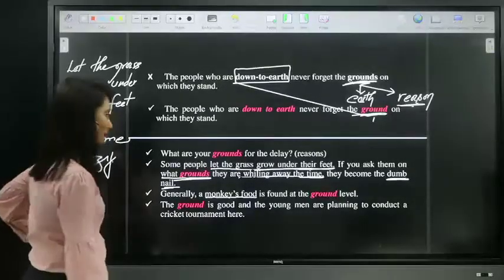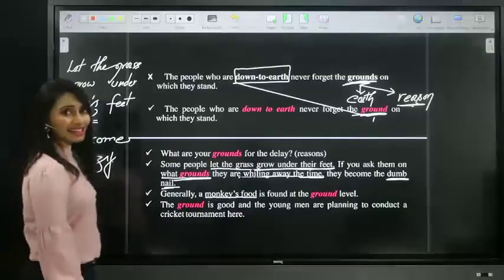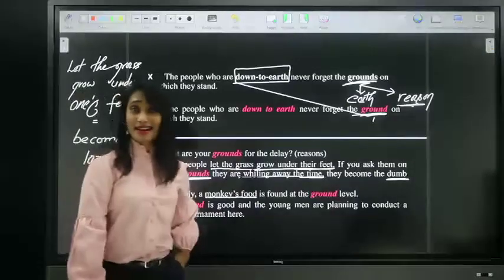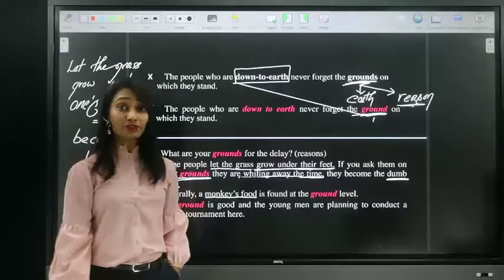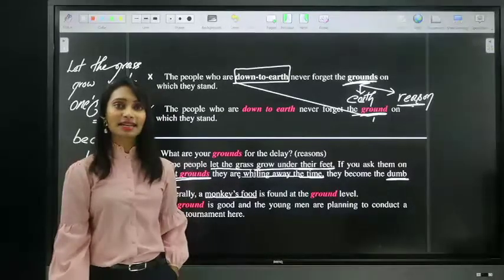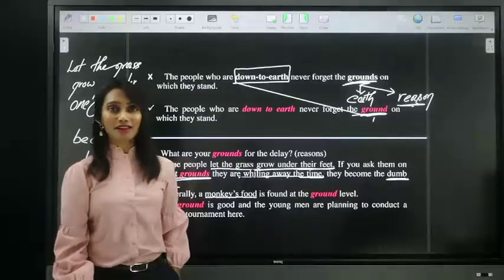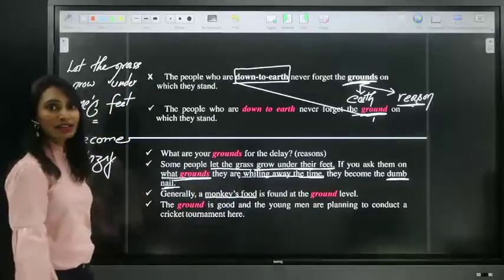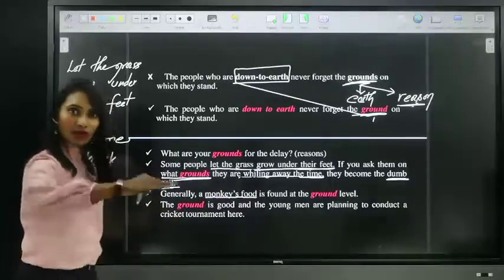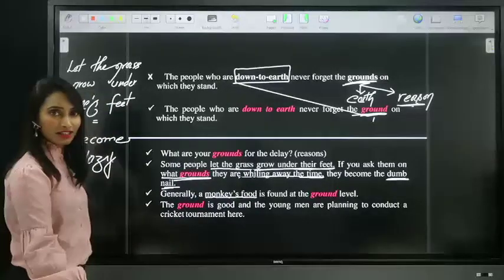No answer? Let me tell you. Here, monkey's food means not banana or coconut or any such kind. Monkey's food is an idiom which means corruption, bribing someone. So, monkey's food is found at the ground level in the sense from lower levels onwards, right?